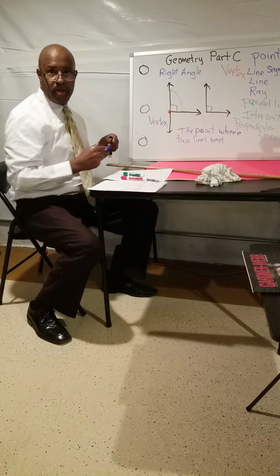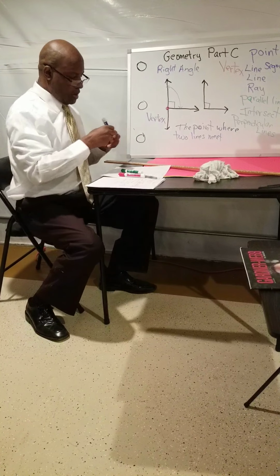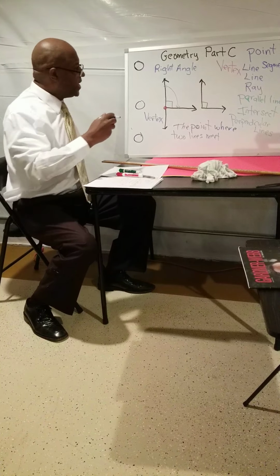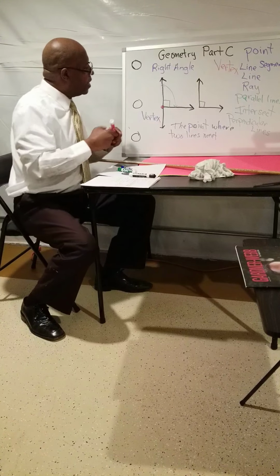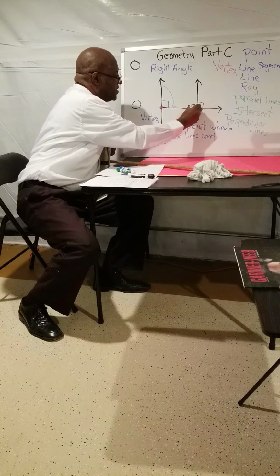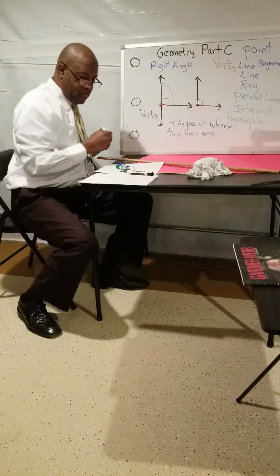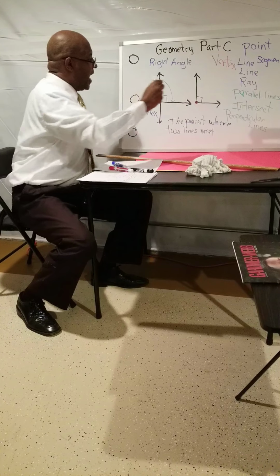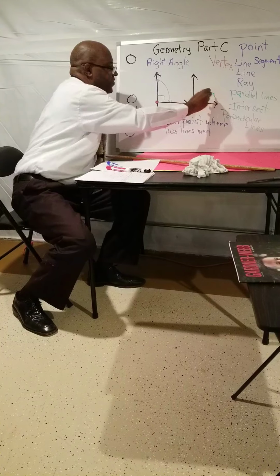All of this area is considered a right angle. But what if we have something like this here? We have the vertex touching this bottom ray, and this vertex now is touching this ray.